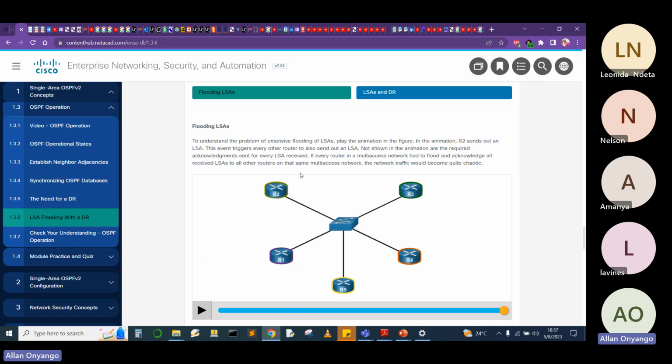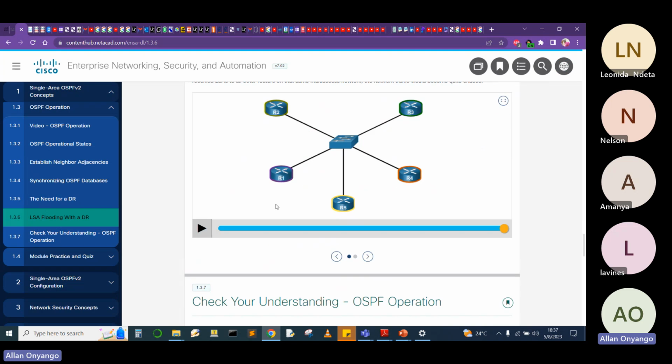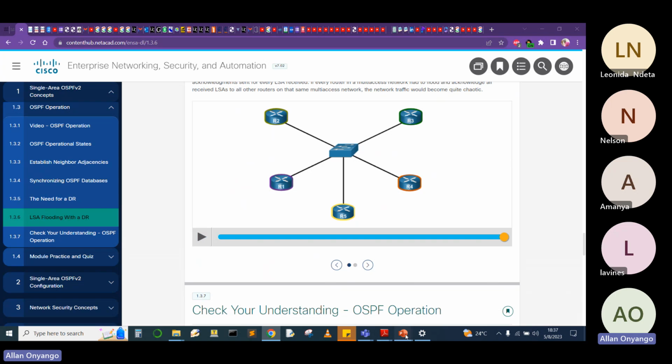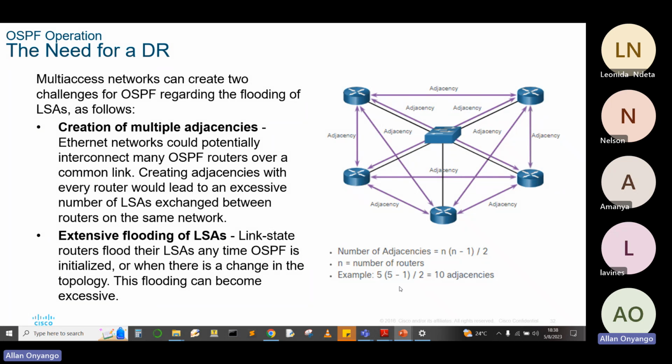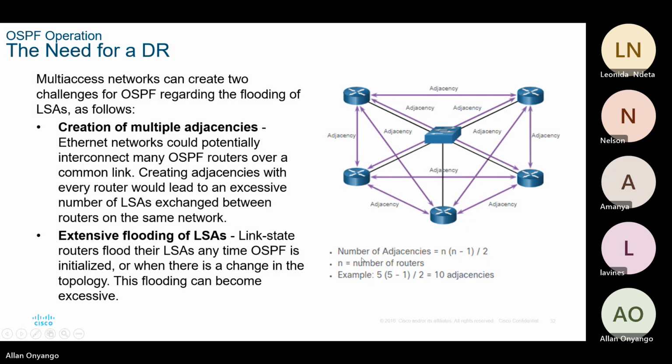So this is why we need to elect one of the routers to become a DR and another to become the BDR, to always make work easier for us. And that is going to help us to do what? It will help us prevent this flooding of LSAs.